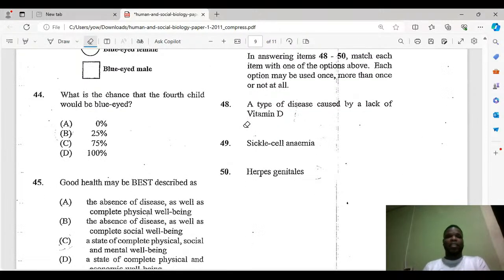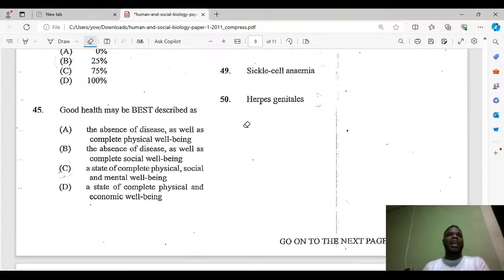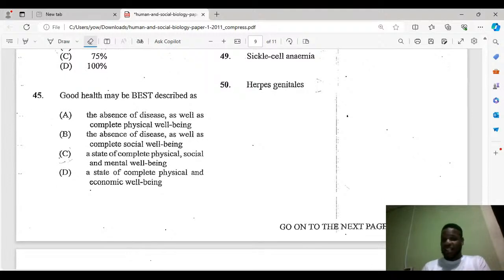All right, so the next question says, good health may be best described as what? Good health may be described as what? And this is coming in paper 2.